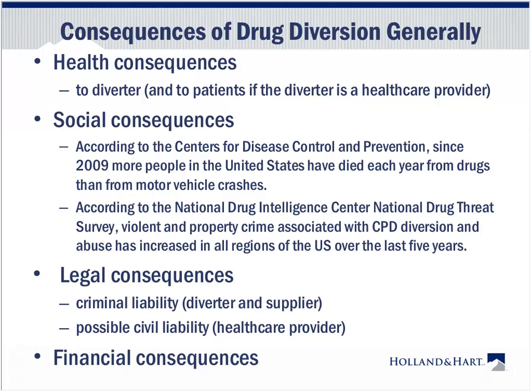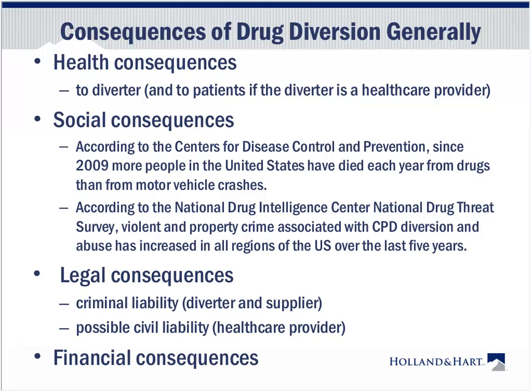Here are a couple of statistics that I think are fairly alarming as well. Since 2009, more people in the U.S. have died each year from drugs than from motor vehicle crashes. And according to the National Drug Intelligence Center in their National Drug Threat Survey, violent and property crime associated with controlled prescription drug diversion and abuse has increased in the last 5 years all over the United States.